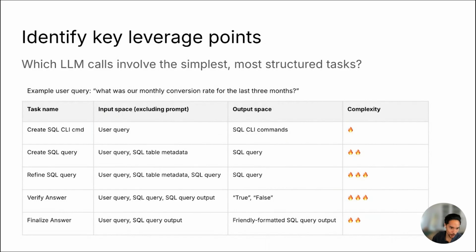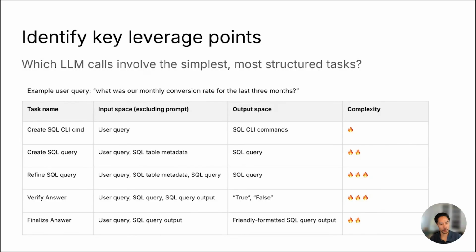And so you might do this kind of analysis, right? This is hand wavy. Don't take this too seriously, but this is my own take on each of these nodes in the agent workflow, where you start from creating the SQL CLI commands to get the table metadata, to finalizing the answer, and you reason about the input space, the output space.